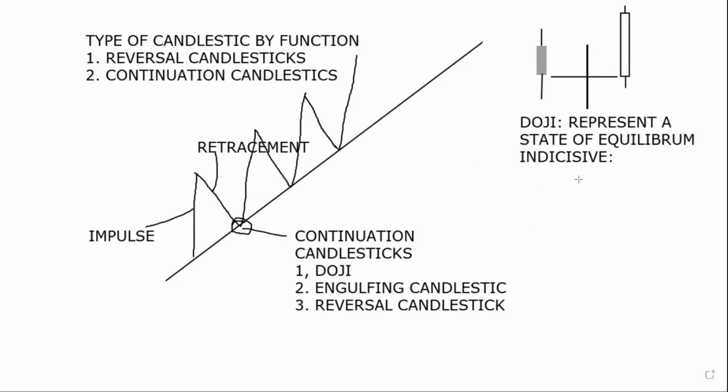The next one is an engulfing candle. What's an engulfing candle? An engulfing could be a bullish engulfing or a bearish engulfing. So I'm going to use two candles to explain the engulfing candle.